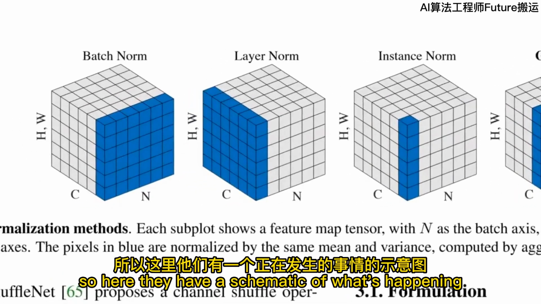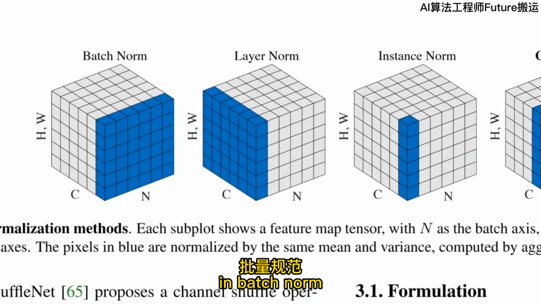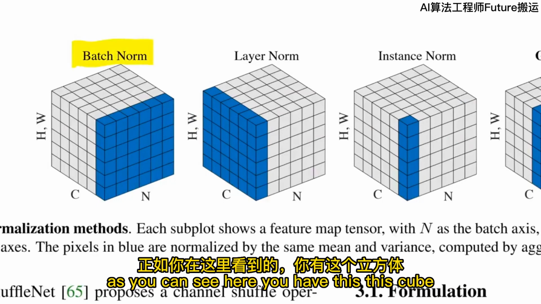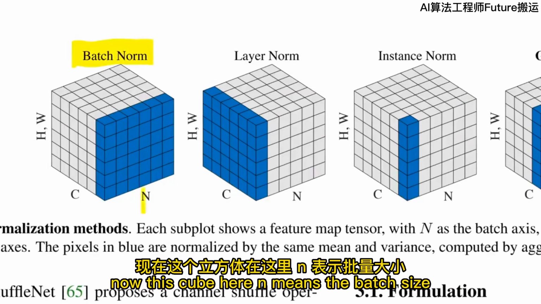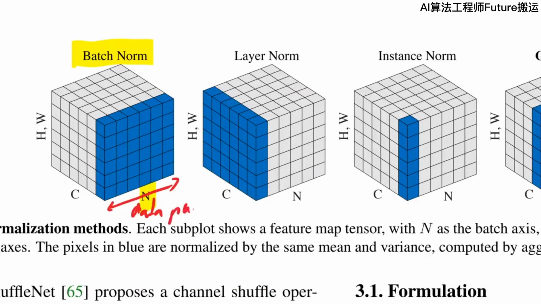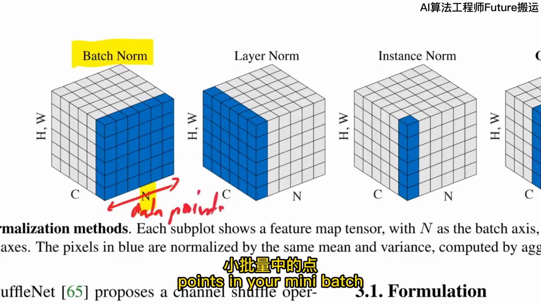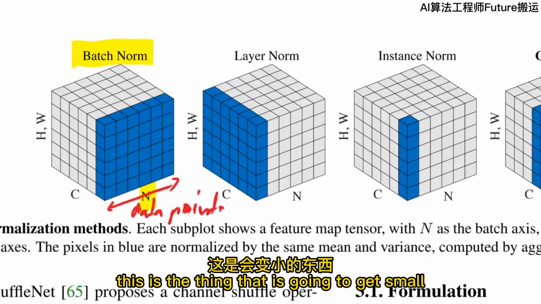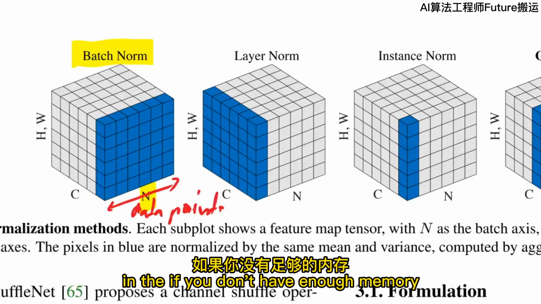So here they have a schematic of what's happening. In batch norm, as you can see here, you have this cube. Now this cube here, N, means the batch size. So these are the data points in your mini batch. This is the thing that is going to get small if you don't have enough memory.